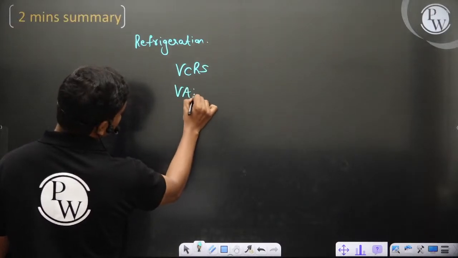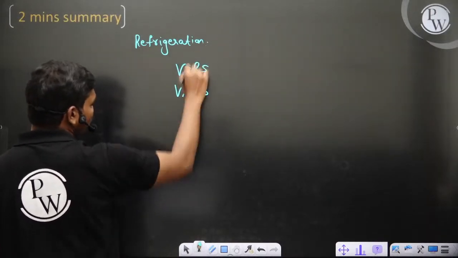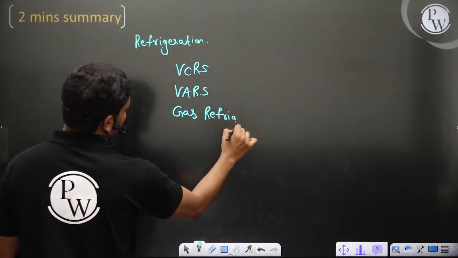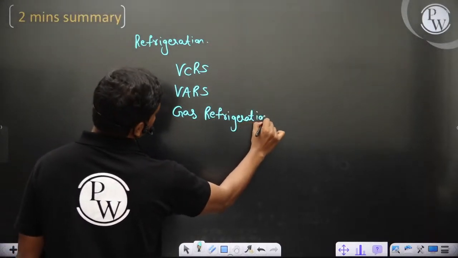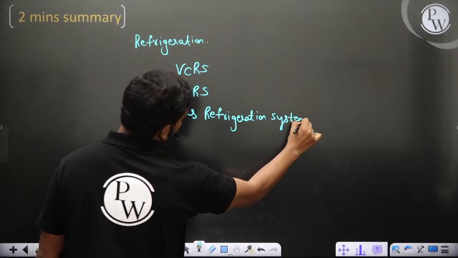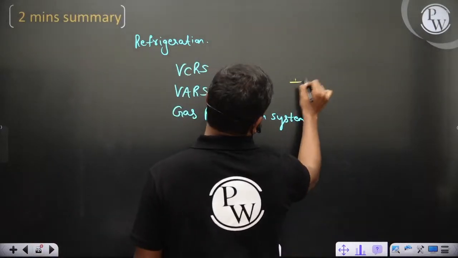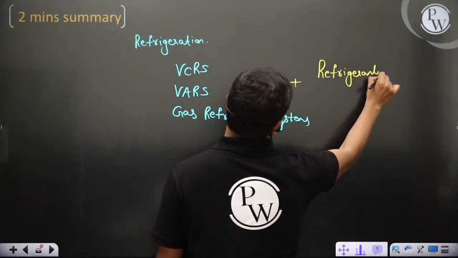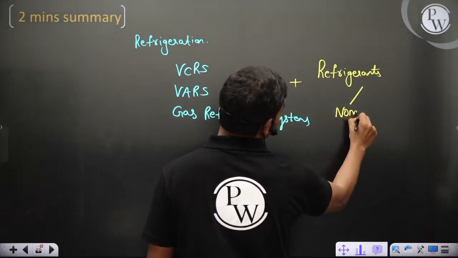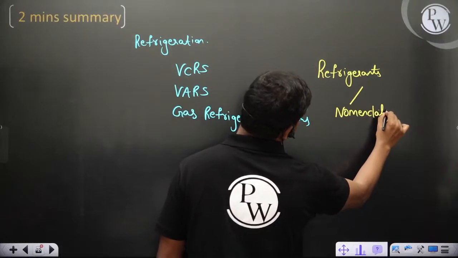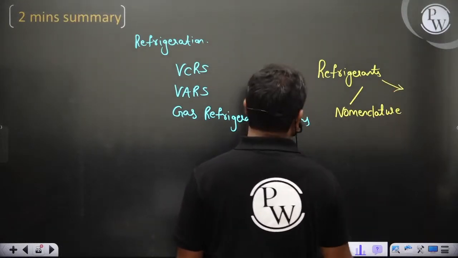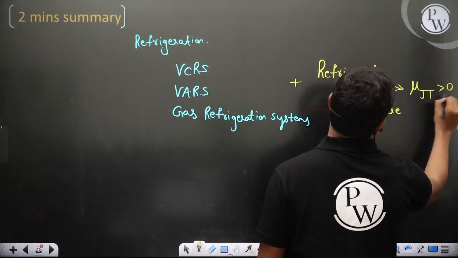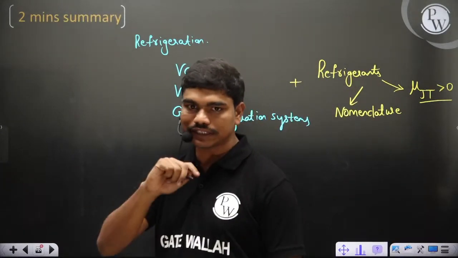Similarly for VARS we saw the mechanism of changing from PL to PH, and also gas refrigeration systems, along with some story of refrigerants. We talked about nomenclature, because sometimes exams ask it, and also the Joule-Thomson coefficient and the inversion curve.